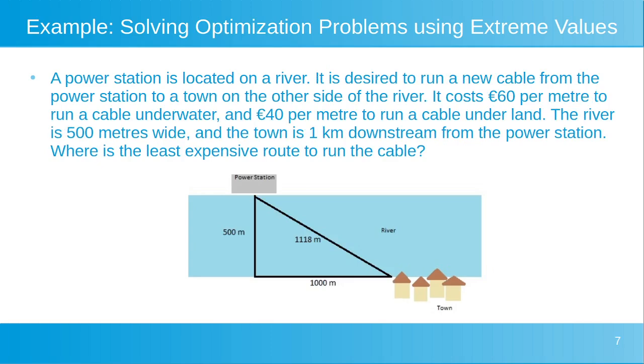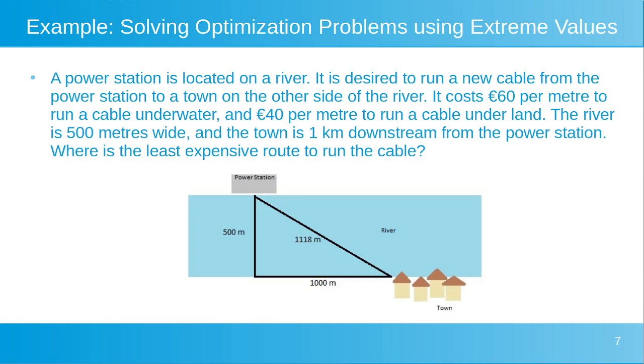To think about it a bit more, we can start to put down some distances based on the definition of the problem. We know that it's 500 meters straight across from the power station to the other side of the bank of the river. So we've got that 500 meters there, and we know that from that point to the town is a kilometer, or 1,000 meters.